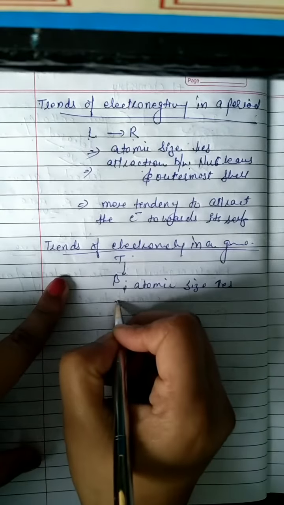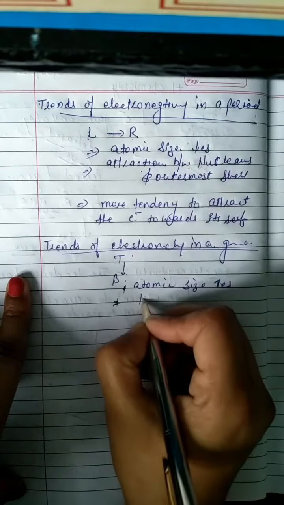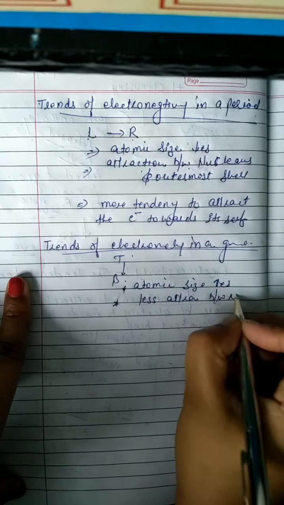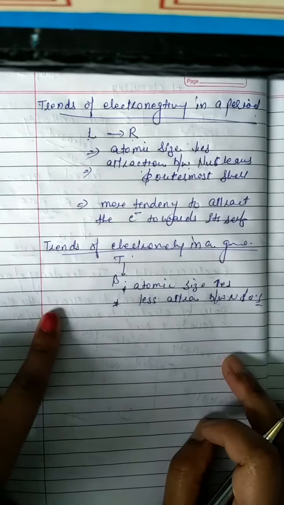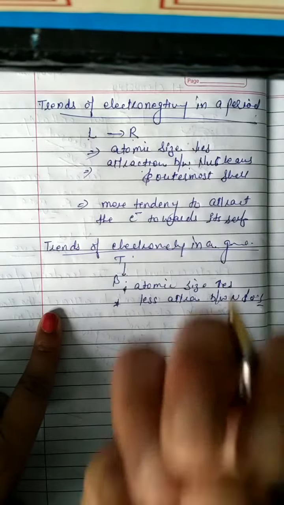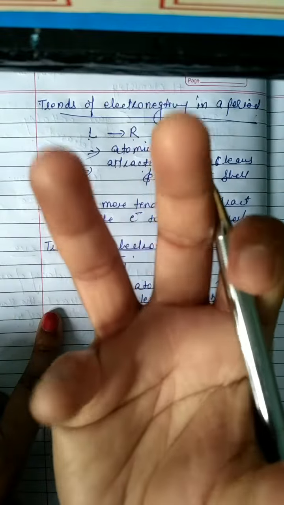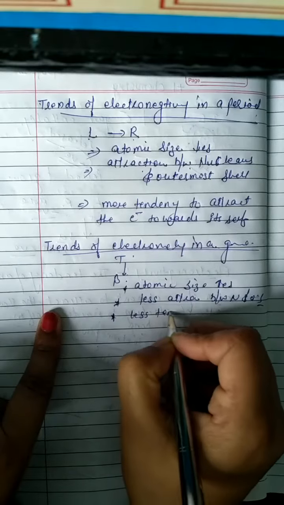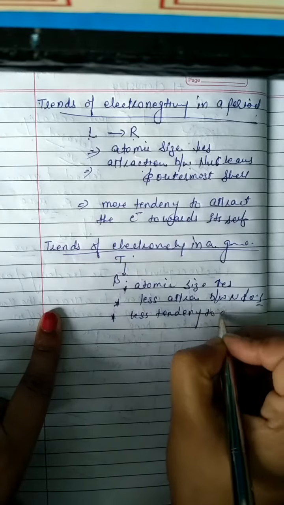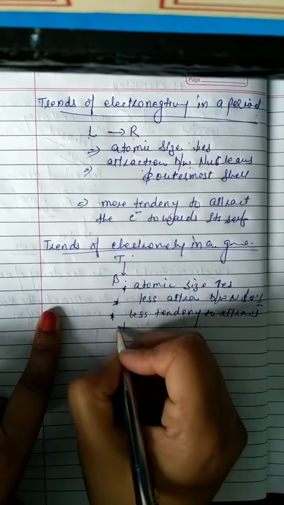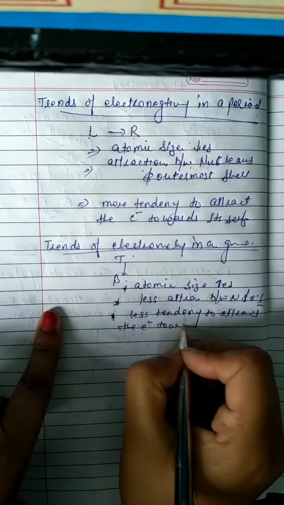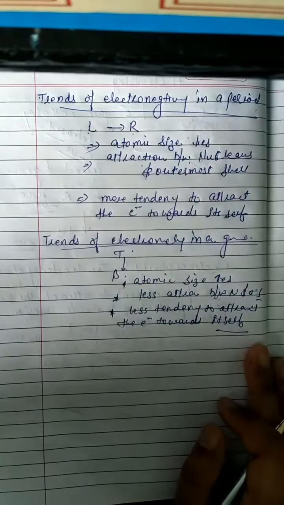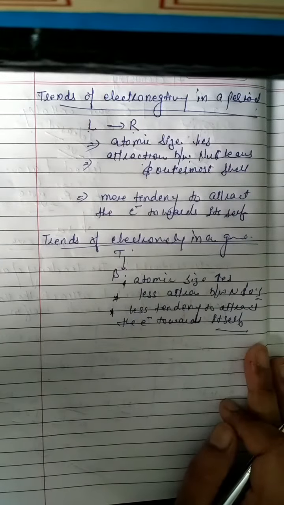If the atomic size increases, then there is less attraction between the nucleus and the outermost shell. If the nucleus has less attraction, the size is more, so they have less tendency to attract the electron towards itself. Clear? Electronegativity is clear?